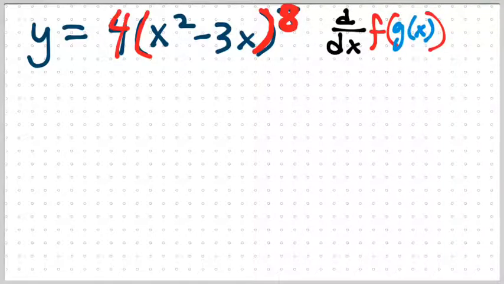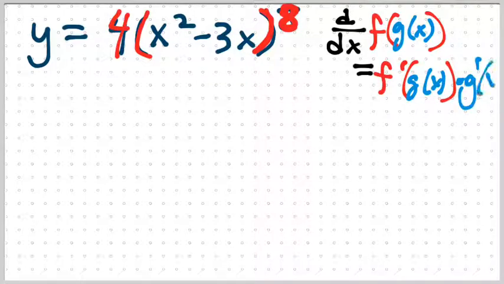The derivative of this composite function is the derivative of the outside part in red, leaving the inside part as it is, times the derivative of the inside part. We call that the chain.